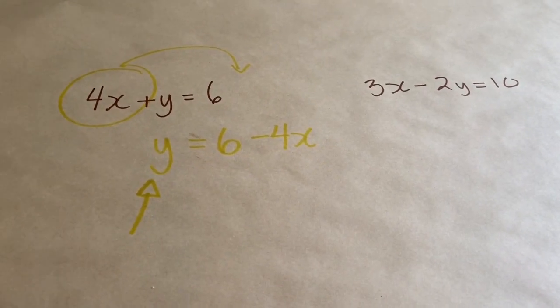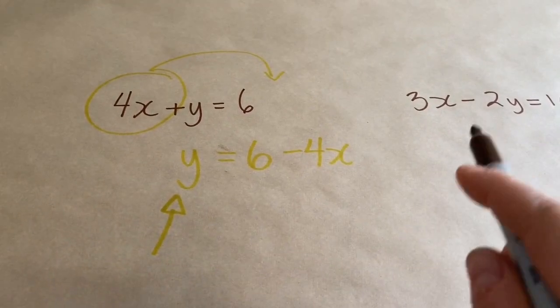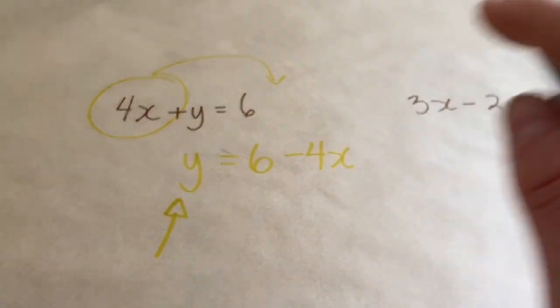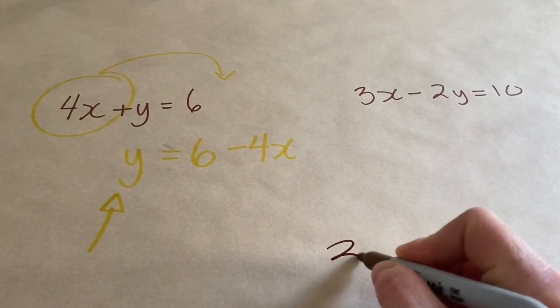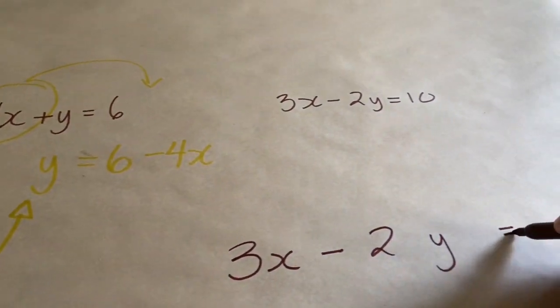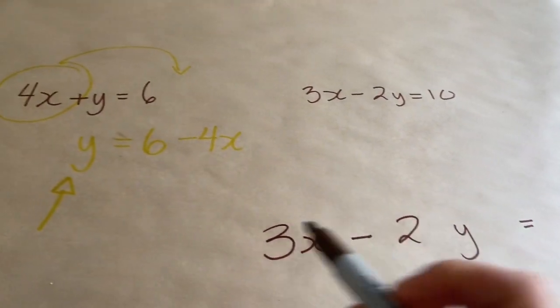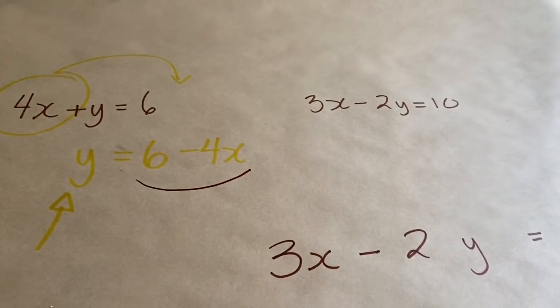For the next part of step 1, it says that we have to take the equation that we've made y equals and put it into the other equation. So I'm going to write down the second equation, 3x minus 2y is equal to 10. And don't forget that y is the exact same thing as 6 minus 4x.